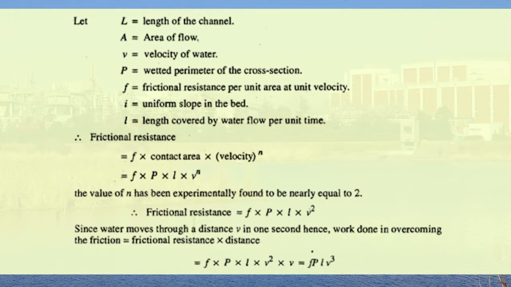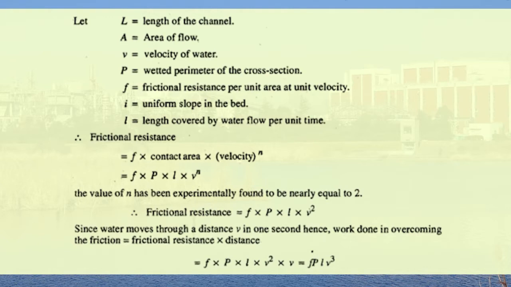So frictional resistance is equal to F into contact area into velocity to the power n, so is equal to F into P into small l into V to the power n. The value of n has been experimentally found to be nearly equal to 2. So put n equal to 2 here.